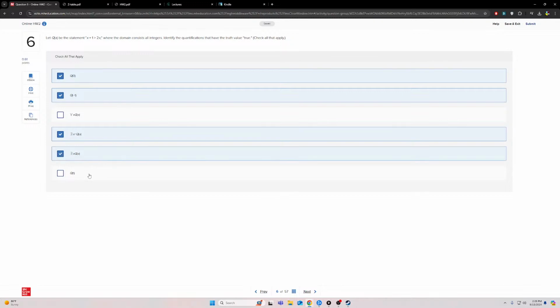And 1 would be false, because 2 is not greater than 2, 2 is equal. There exists an X value where this is false, where this is not true. Yeah, okay. Yeah, that's it.